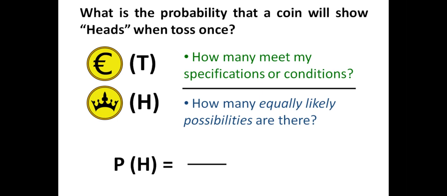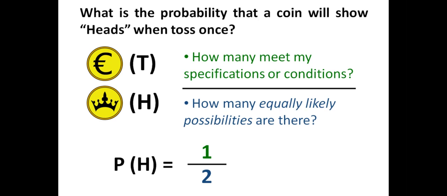Usually letters in alphabetical order are used, such as A, B, C, but in this case we'll use the letter H since it serves our purpose as we are clearly interested in finding out the probability of obtaining heads. So in one toss of the coin we would have only one heads, and we divide that by the total of equally likely possibilities, which is 2, also referred to as sample space.